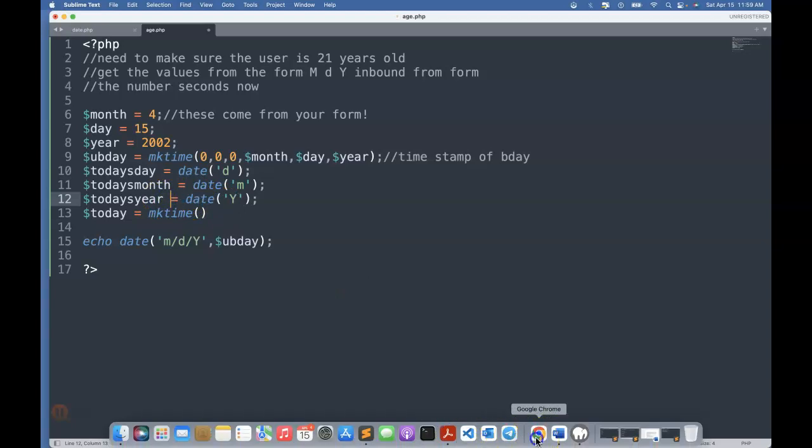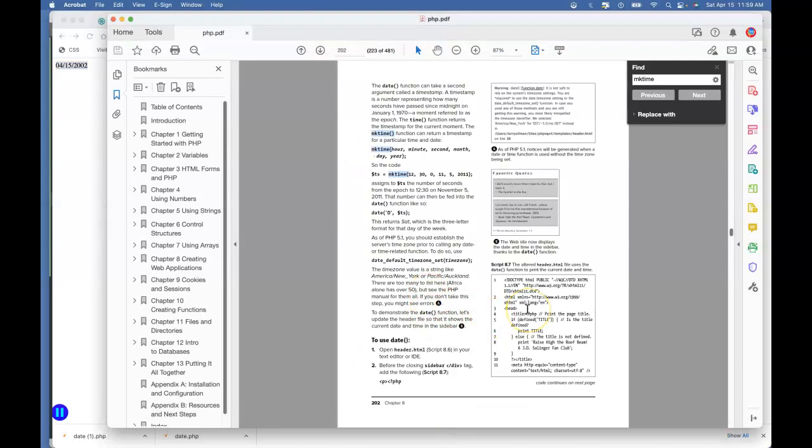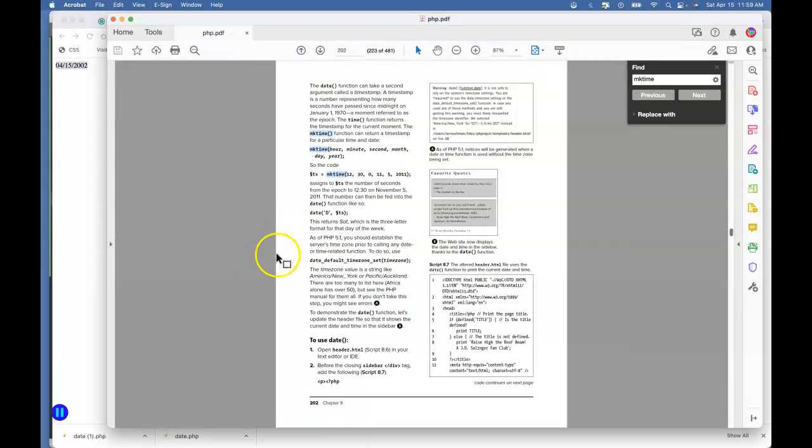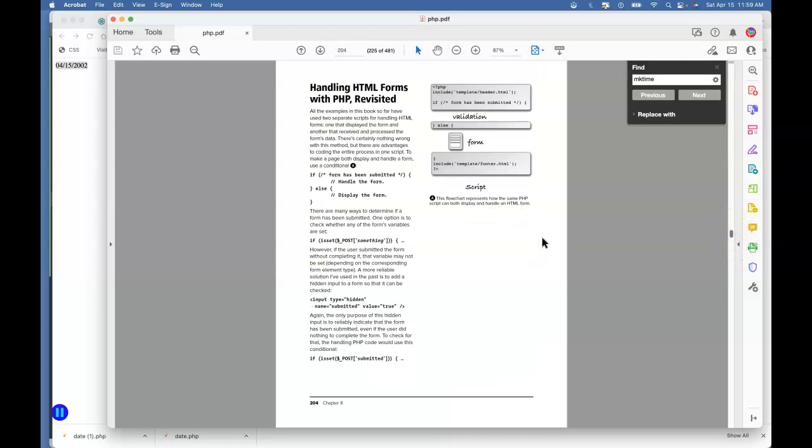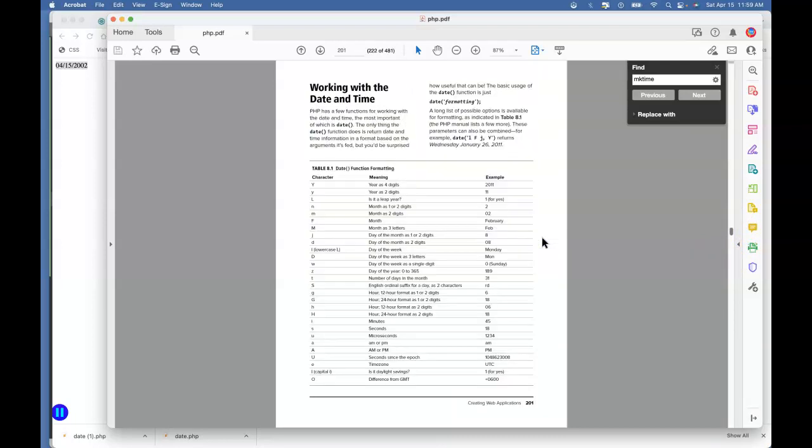They're on the website, and they're also in the textbook. If you look at the date function, I think it's page 1 or 2 or 3, one of those. There it is right there. We're looking for a day of the month as 2 digits, and month as digits, so that's why m, and the full year. So we've got it. We're good.